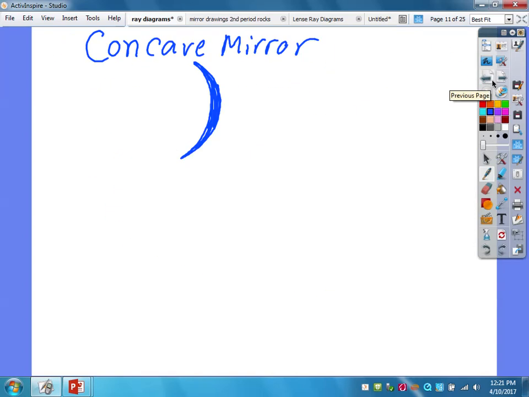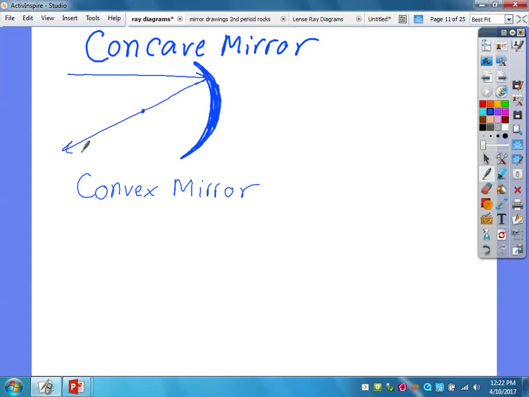There are going to be two types of mirrors we're going to be using. We have a concave mirror, and we're going to have a convex mirror. What happens with the concave mirror is all light rays will reflect back through a particular point.